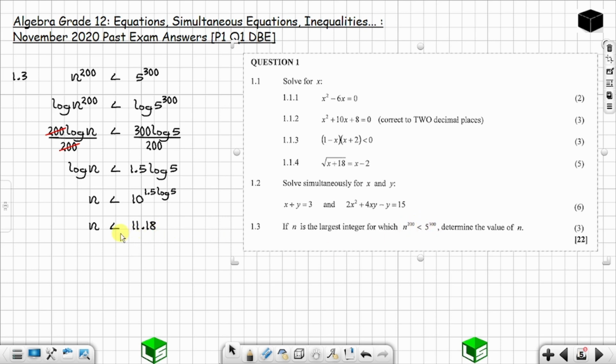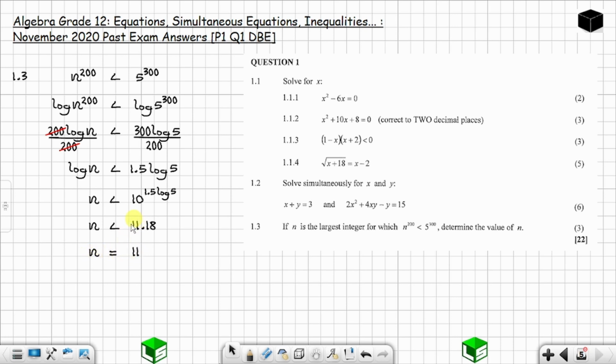According to this, n is less than 11.18, so the largest integer less than this is 11. So n is equal to 11, and we have solved this question, which is 3 marks.